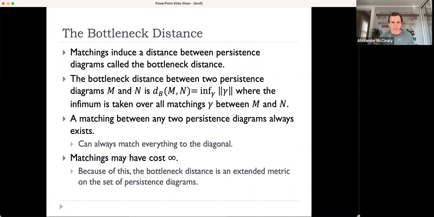So matchings might have infinite cost. That's okay, but a side effect of this is that the bottleneck distance could possibly be infinity. That means we're going to have an extended metric instead of a regular metric.